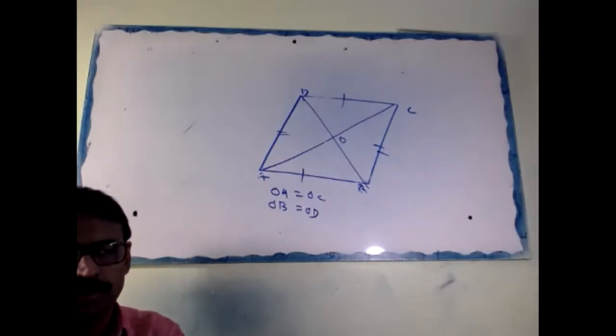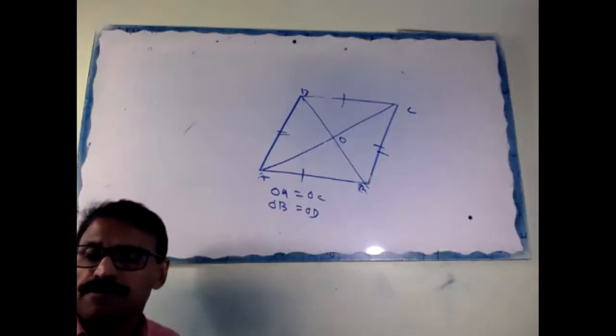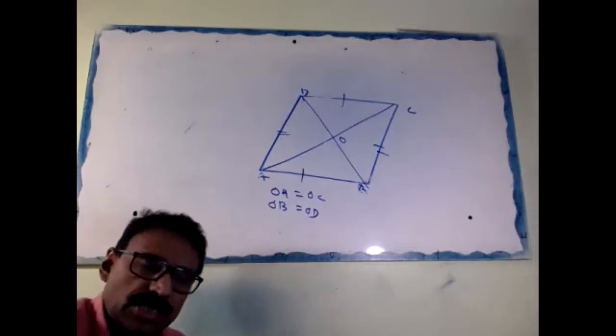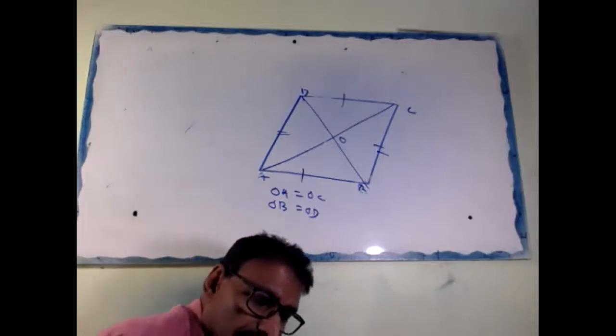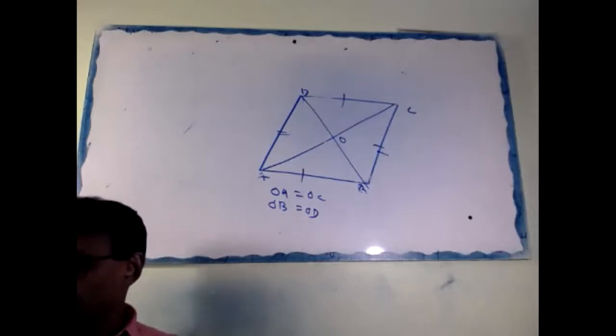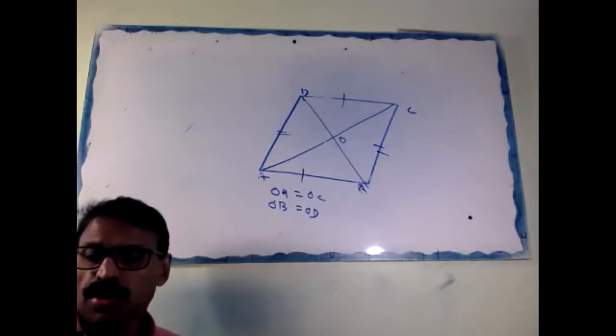Important point. In which quadrilaterals are angles 90 degrees? In a rectangle and square, angles are 90 degrees. Okay, clear now?